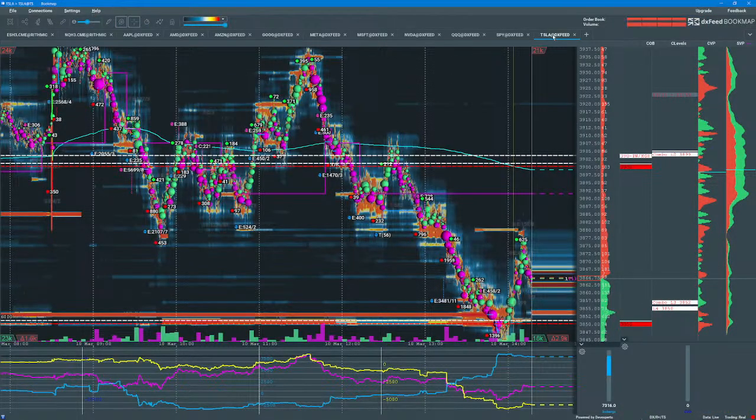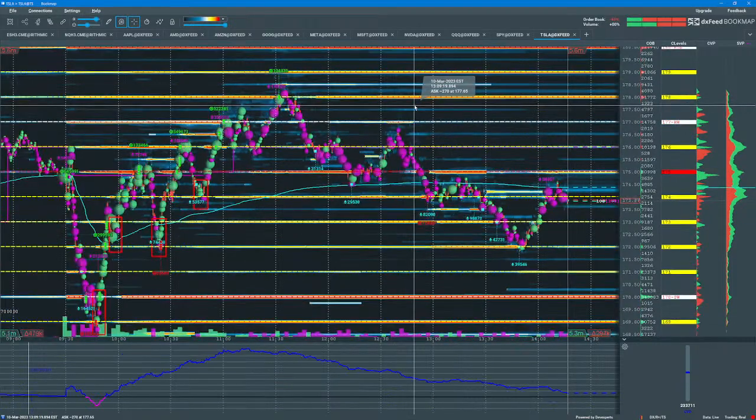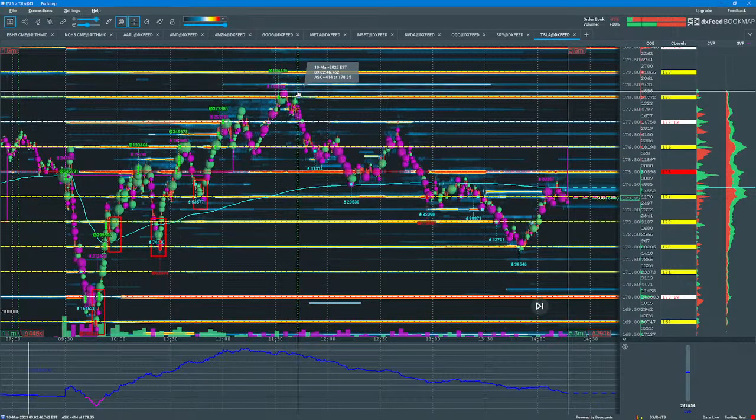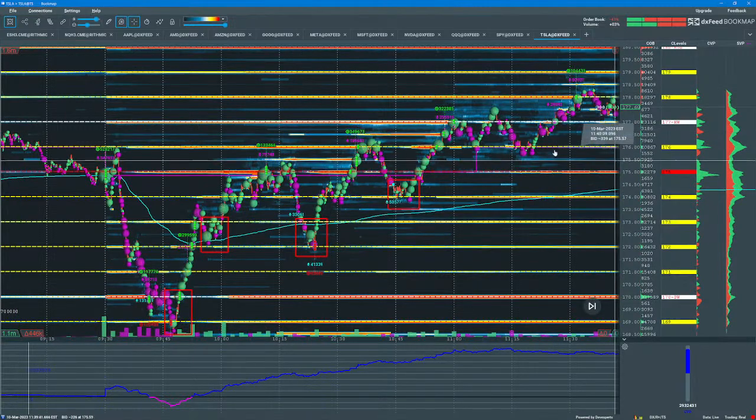Let's go back to Tesla now. Let's zoom in so we can see this. Just a very clear signal.